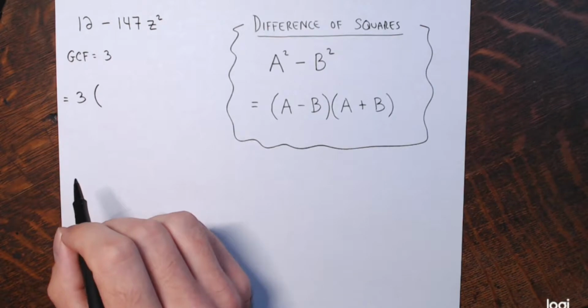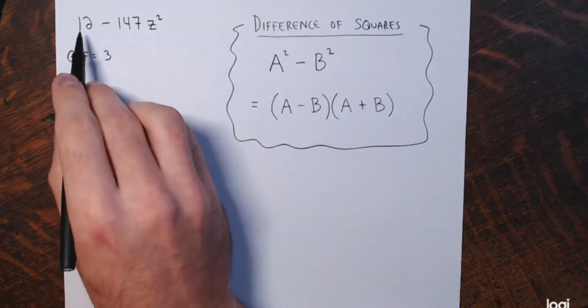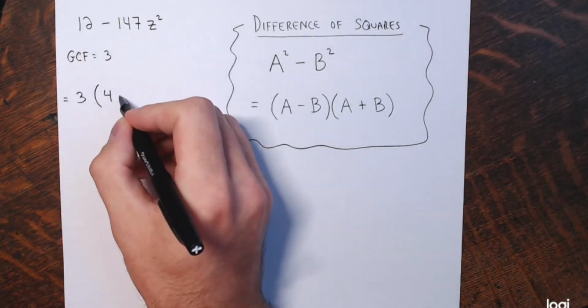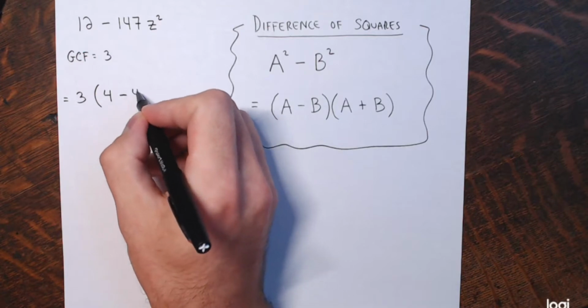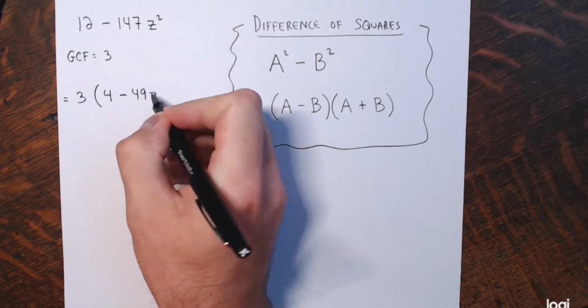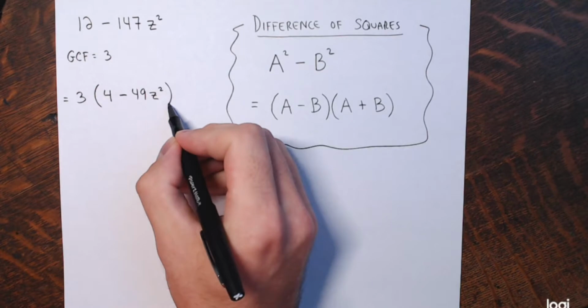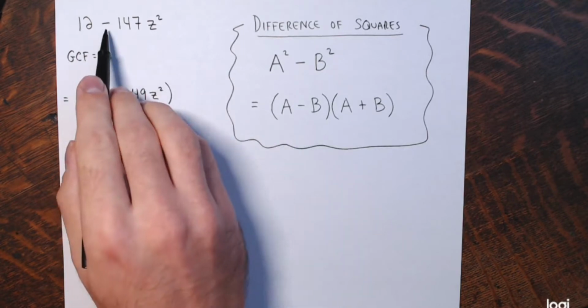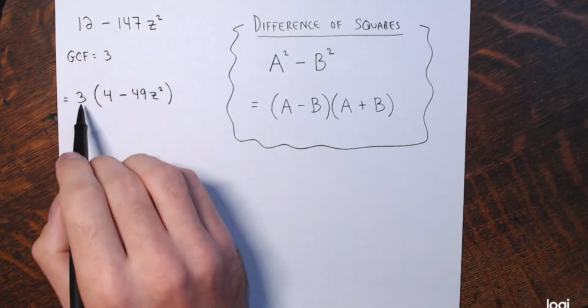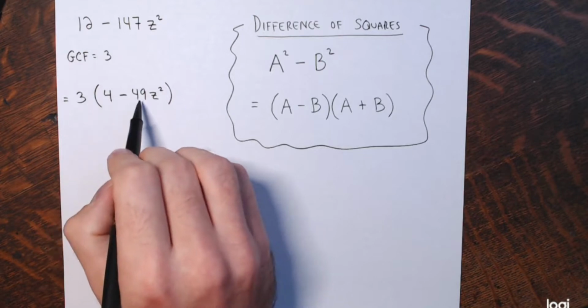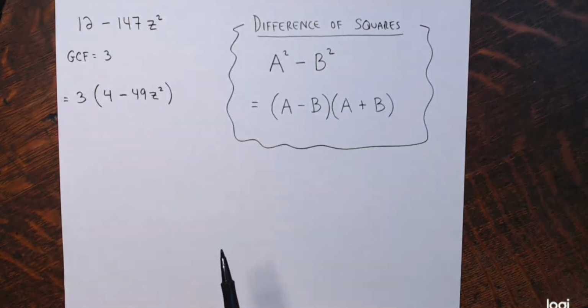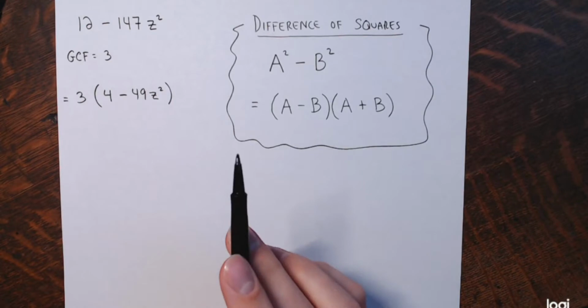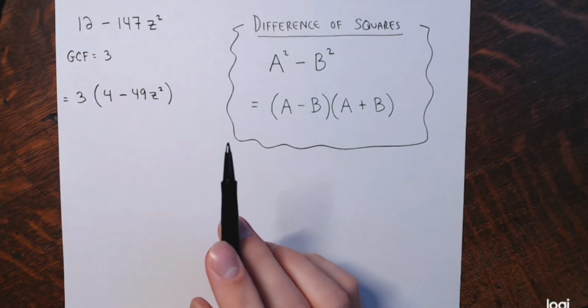And when I remove a factor of 3, what's left over would be 4 in the first term minus 49z squared in the second term. And technically you could also pull out a negative 3 if you like having a positive coefficient on the z squared. But you don't have to here. They're not asking for that.